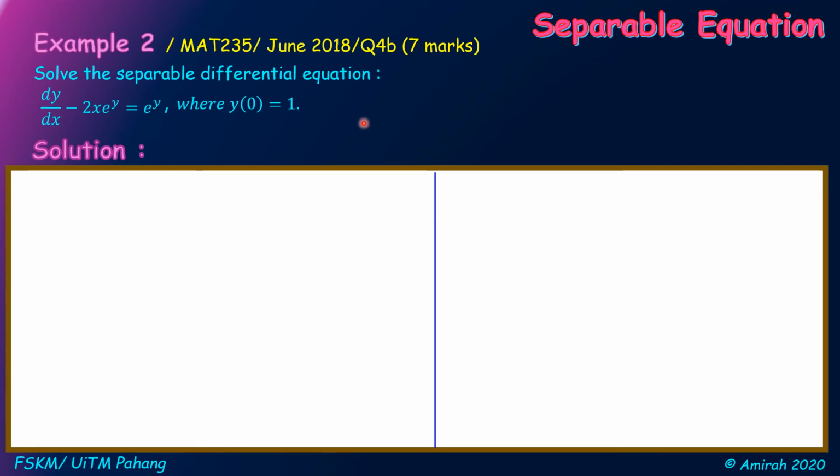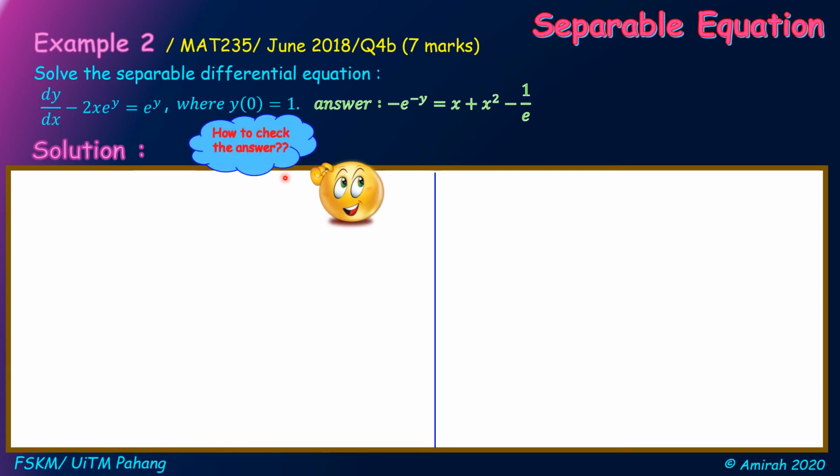From the previous slide, we get the final answer: negative e to the power of negative y equals x plus x squared minus 1 over e. How to check the final answer? Is this answer correct or wrong?